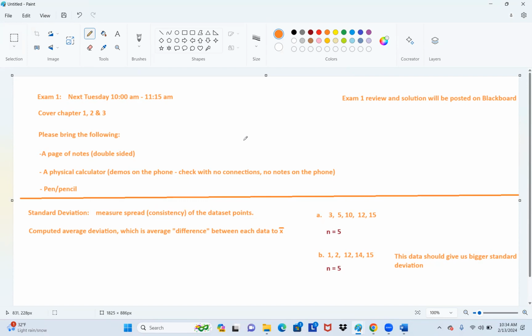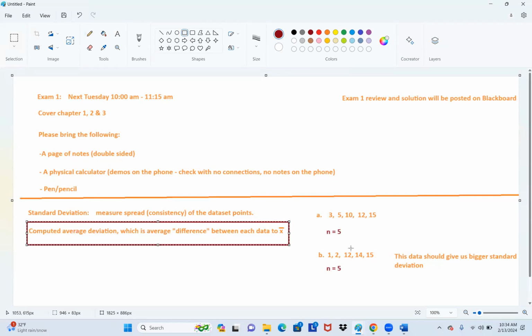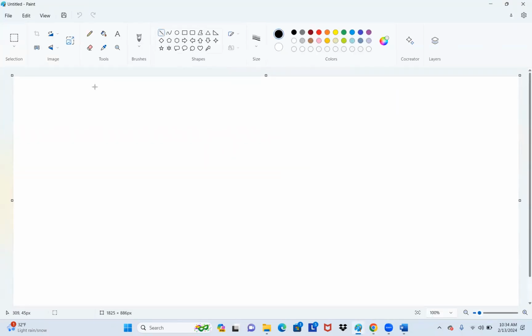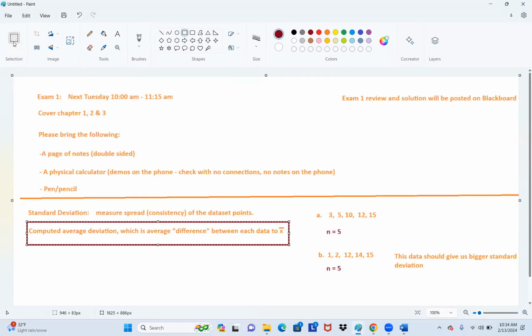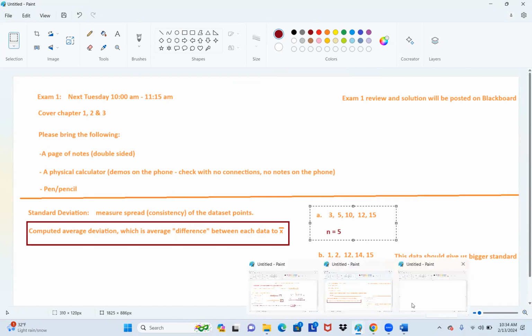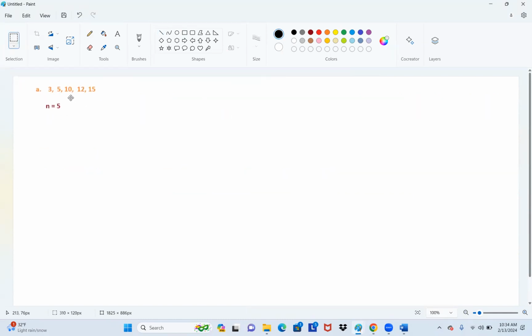In order to set this up, we're going to move to a different way of computing the standard deviation, actually a few ways of doing it. Let's compare with the first data set that we have right here. I call it a sample data set, so we're going to find the sample standard deviation.